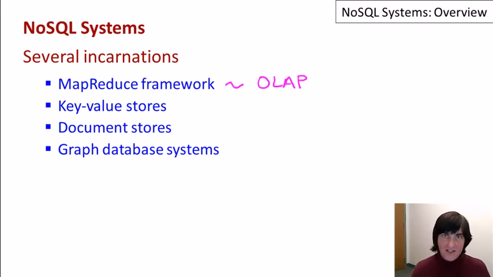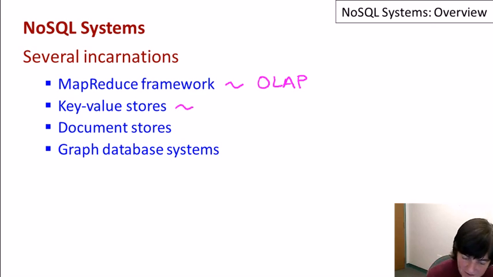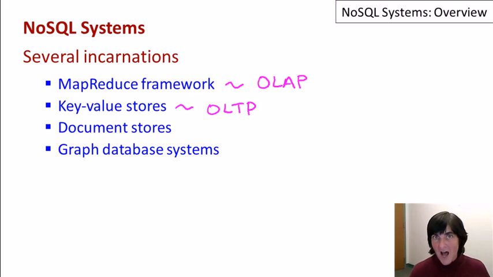They tend to be analysis applications that touch large amounts of the data to do complex analyses, whereas key value stores tend to be more in the OLTP world. As a reminder, that's online transaction processing, and that tends to be a lot of small operations touching very small parts of the data. The other two, document stores and graph database systems, are self-explanatory. They involve documents and graphs.